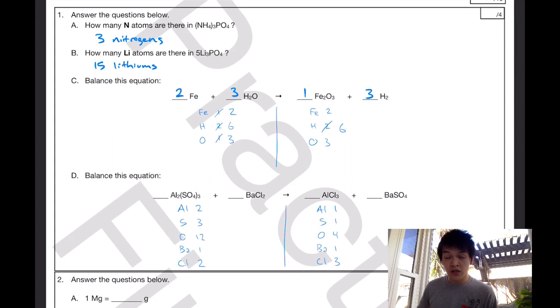Then you start comparing each side. Is it balanced? The aluminums don't seem to be balanced. We need more aluminums on the right hand side. We need 2. And if we put a 2 in front of this aluminum chloride, that changes the aluminums to 2, and it changes the chlorides to 6.